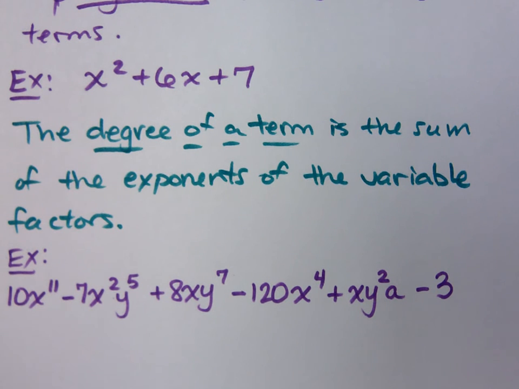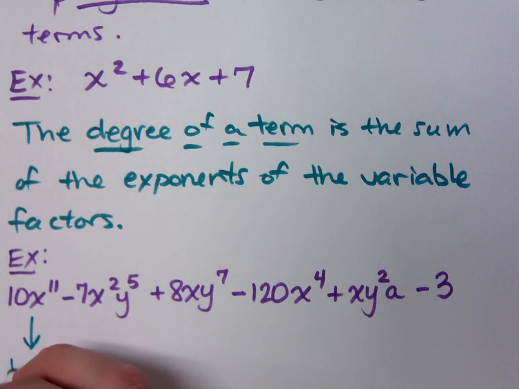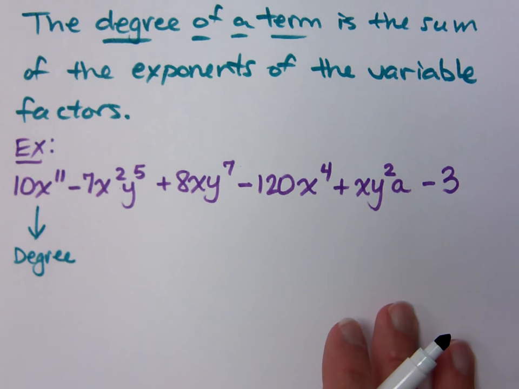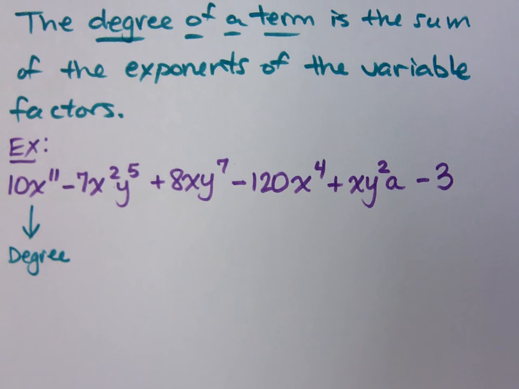Now what I want us to do is identify the degree of each term. So if I look here at this first guy, I want to find out what is his degree. Now the degree is the sum of the exponents of the variable factors. So the only variable factor I have here is x. So what would you think the degree of the term is here?